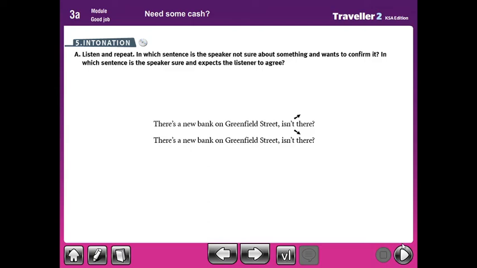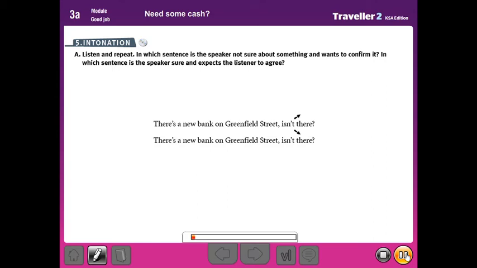Listen and then decide which sentence is which.